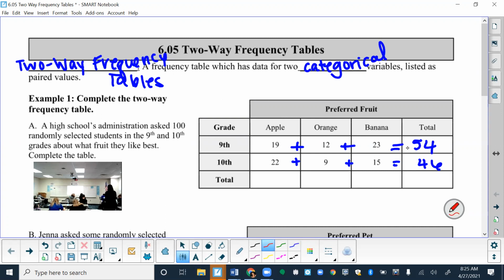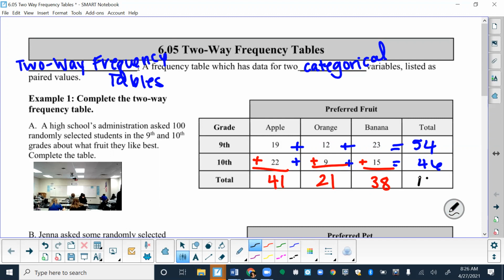So rows go left to right, columns go up and down, and you add those basically up and down. So we have 19 plus 22, which is, I think it is 41. Good. And then over here, 12 plus 9. And then over here, 23 plus 15. To give us a grand total of what?